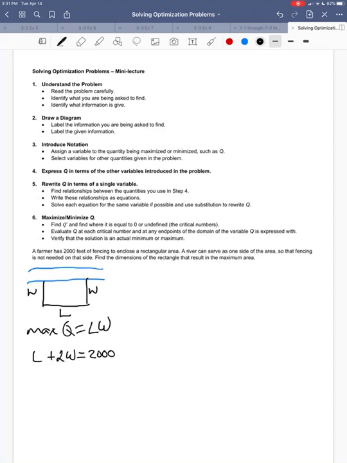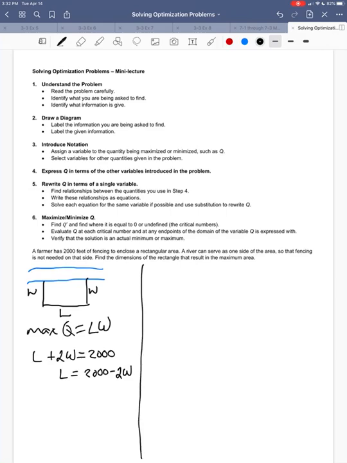And what I can do then is solve this equation for one of the variables, either L or W. I do whichever one's easiest usually, so it looks pretty easy to solve this equation for L. I'll just subtract 2W from both sides. So I get L equals 2,000 minus 2W. Now that's sort of the setup of the problem right there.